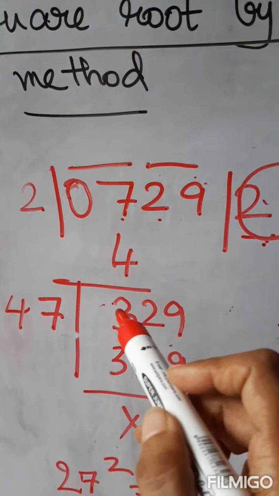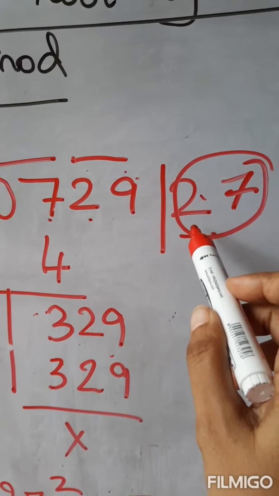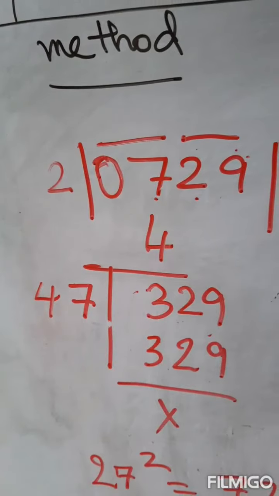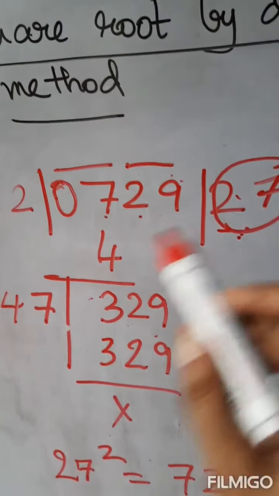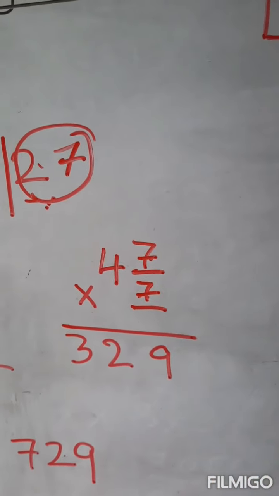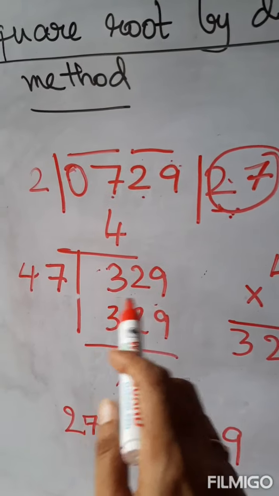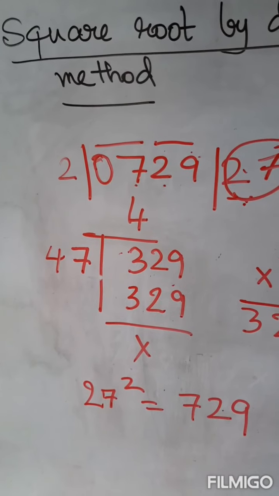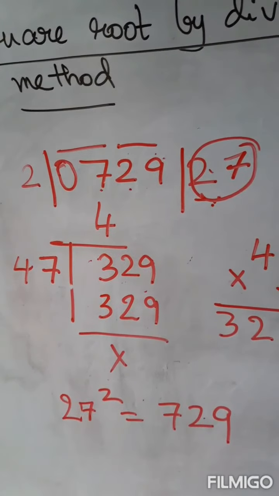Then we will subtract like ordinary division, double the quotient and write it here. This is the fourth step, to double the quotient and write. Then we will find a square number which, when multiplied, gives us the given number, and thus we arrive at our answer.